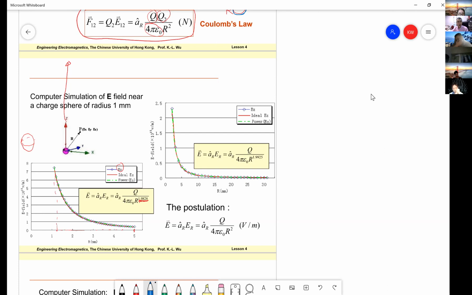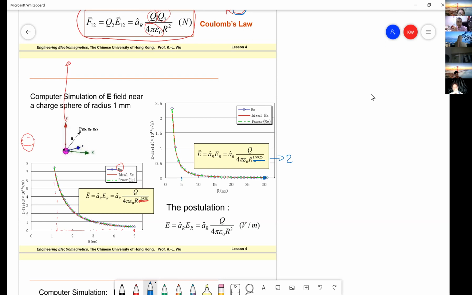Then let me extend the distance from 5 millimeters further away to 30 millimeters. Then I have more data, and I curve fit again. You see, this number approaches 2 but is not equal to 2.